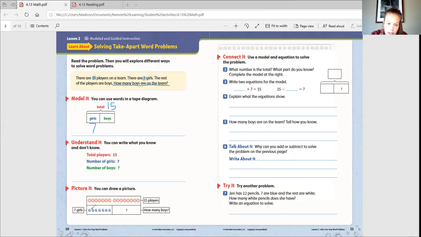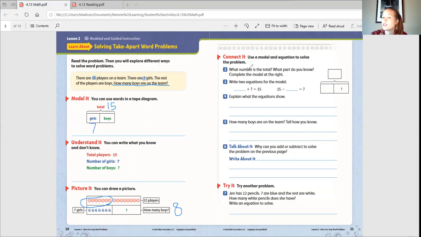So they drew 7 G's down here for 7 girls, and I'm going to circle 7 of them. And then we need to figure out how many we have left, so we can easily count those left over. 1, 2, 3, 4, 5, 6, 7, 8. So there are 8 boys. I could draw 8 B's over here if I wanted to.